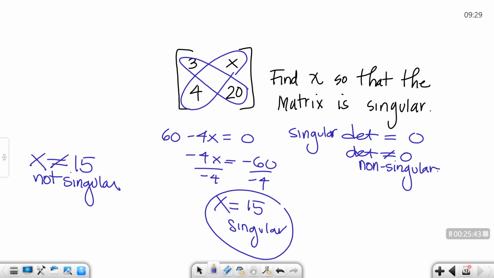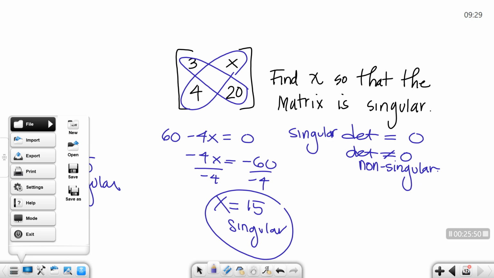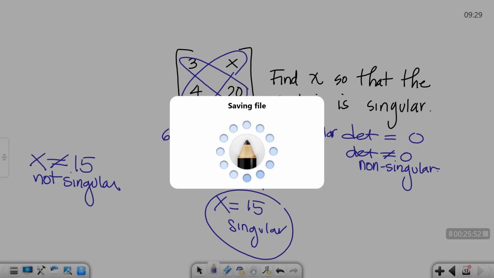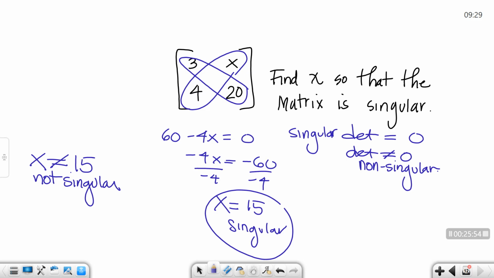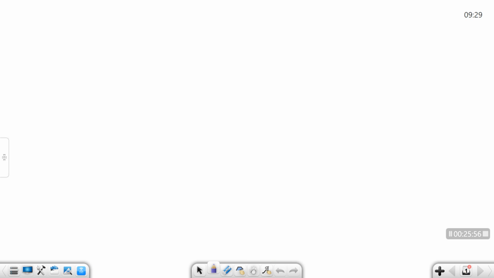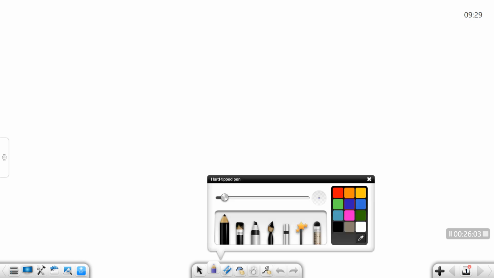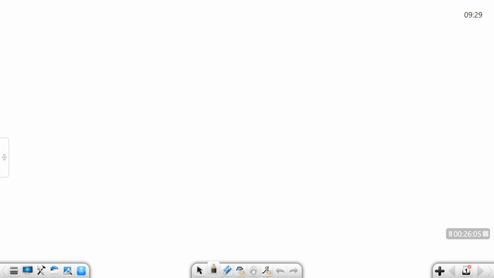All right, so elementary matrices, those are next. An n by n matrix. We'll stop there. What does that mean? Yes?